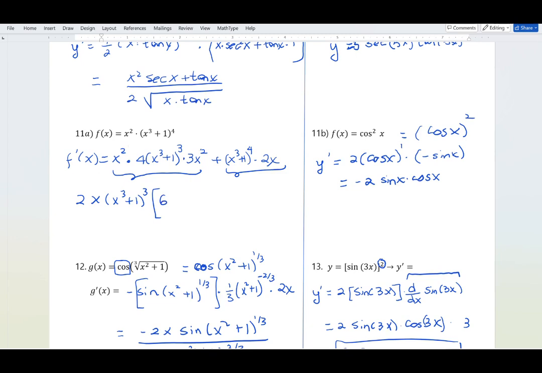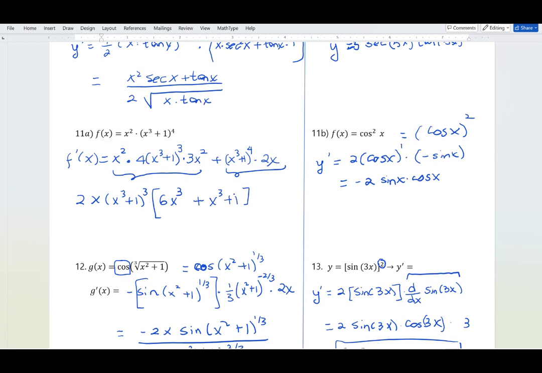you have x squared times x squared, that's x to the 4, but one of the x's has been taken out, so now you have x to the 3rd. And all of that x cubed plus 1 to the 3rd has already been taken out, so nothing to worry about there. And there's a plus in the middle. From the second group, we already took the 2x out. We already took 3 of those quantities, x cubed plus 1 to the 3rd. So you're left with x cubed plus 1 to the 1st power.